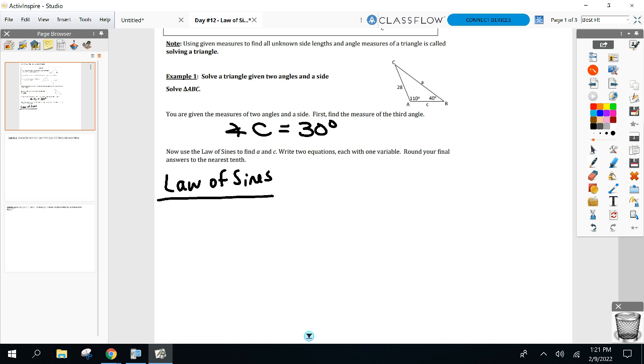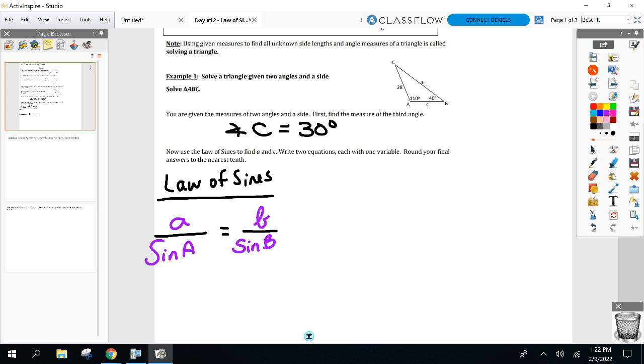Here's what the Law of Sines says. It's a proportion. Take any side in a triangle, so I'll say side A. Make a ratio with it and the sine of the angle across from it, so that's why I'm going to put capital A for angle A. If you take the ratio of a side over the sine of its angle, it's the same ratio, in the same triangle, as another side, I'll call it B, over the sine of its angle across.